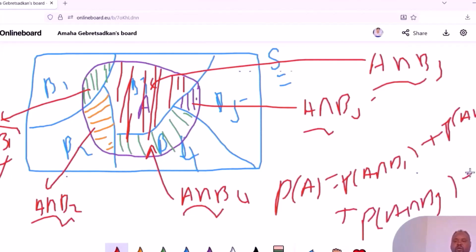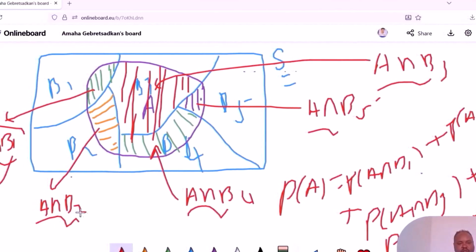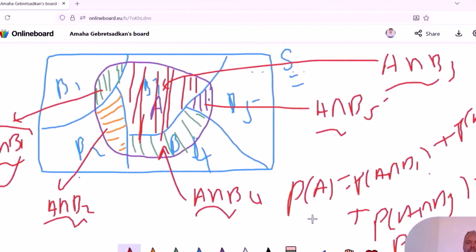Plus the probability of A intersection B4, plus the last one, the probability of A intersection B5, right? This is nothing but the probability of event A is the sum of these events, A intersection B1, A intersection B2, up to A intersection B5, right?